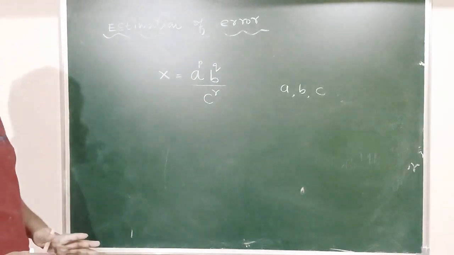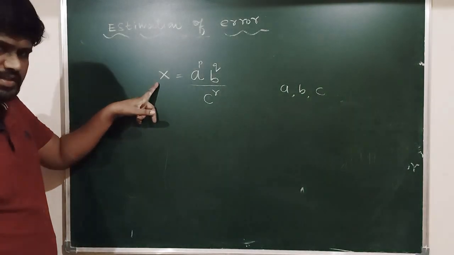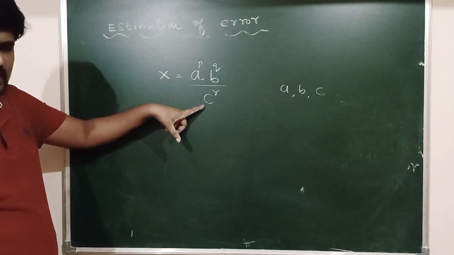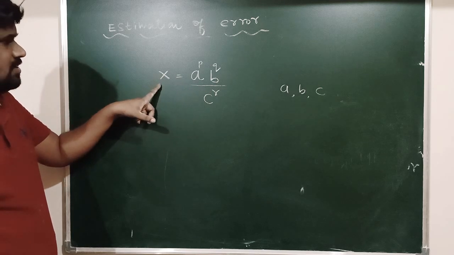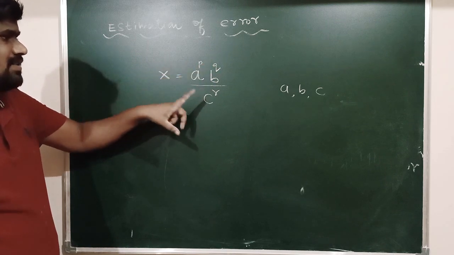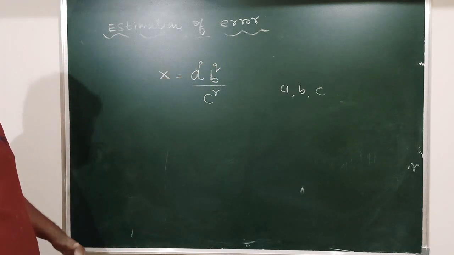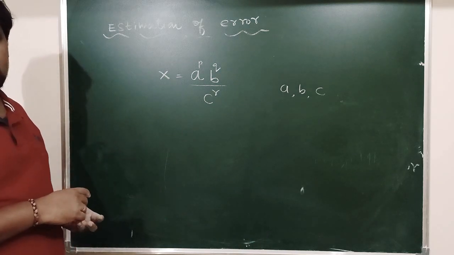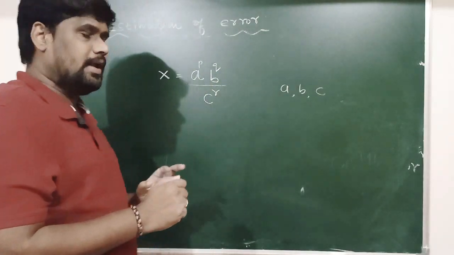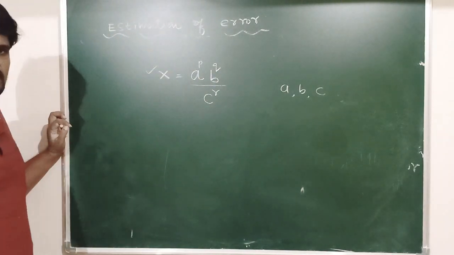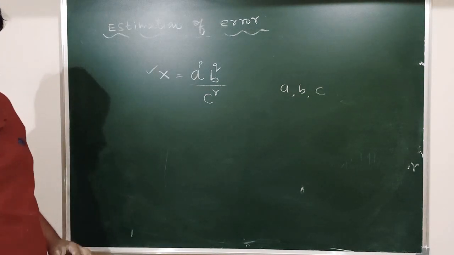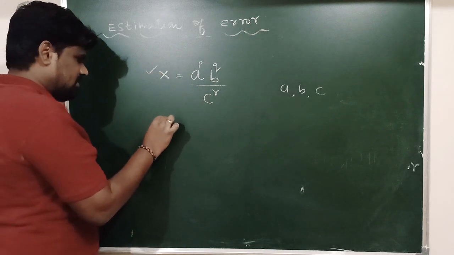X is a physical quantity which depends on A, B and C such that x is equal to A to the power P, B to the power Q and C to the power R. Then what is the formula to calculate the maximum possible relative error in the measurement of x? The concept is very simple.